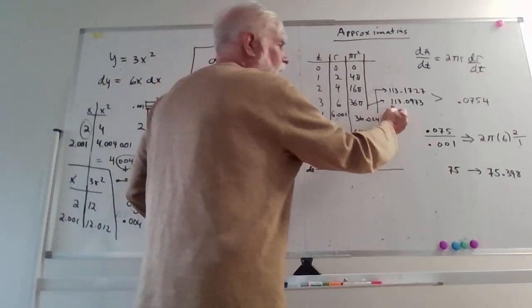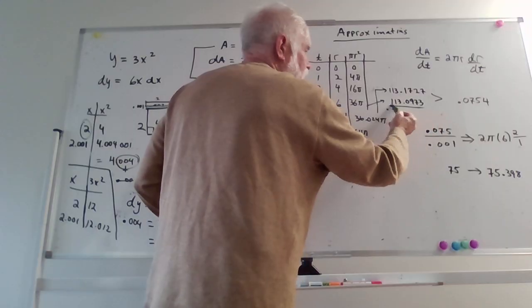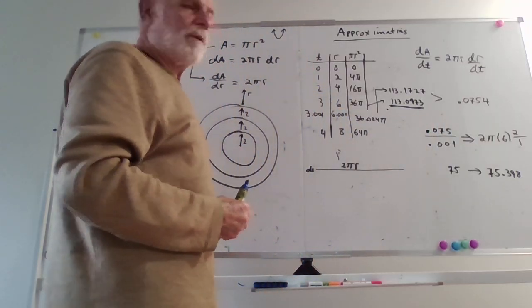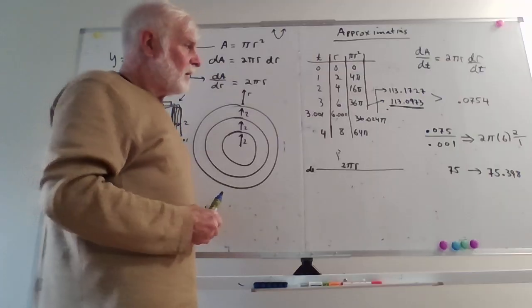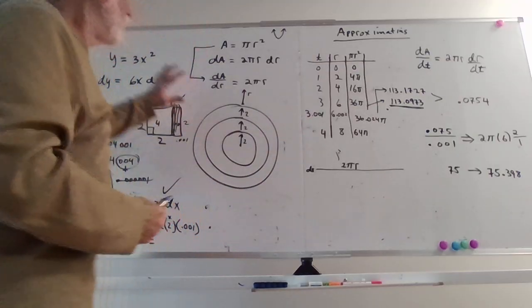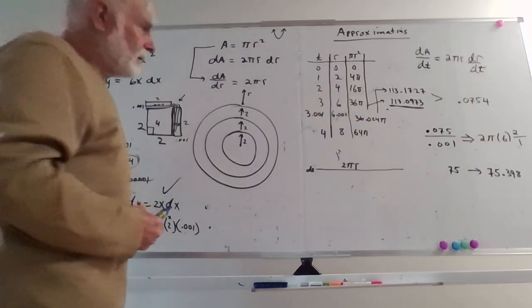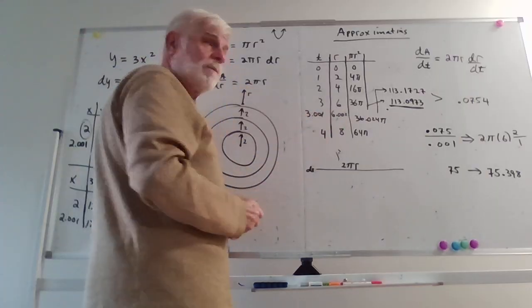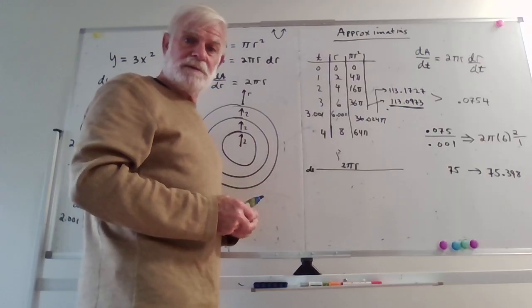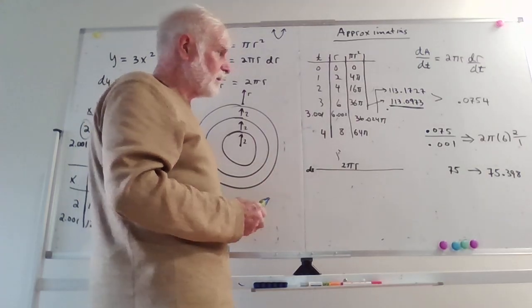And I went to the calculator. I couldn't do that in my head. And I got 113.0973. And then I decided to try 3.001, just like we did over here. And I got 6.002. That's how long the radius is after 3.001 seconds. Changing at a 2-to-1 rate by the look.